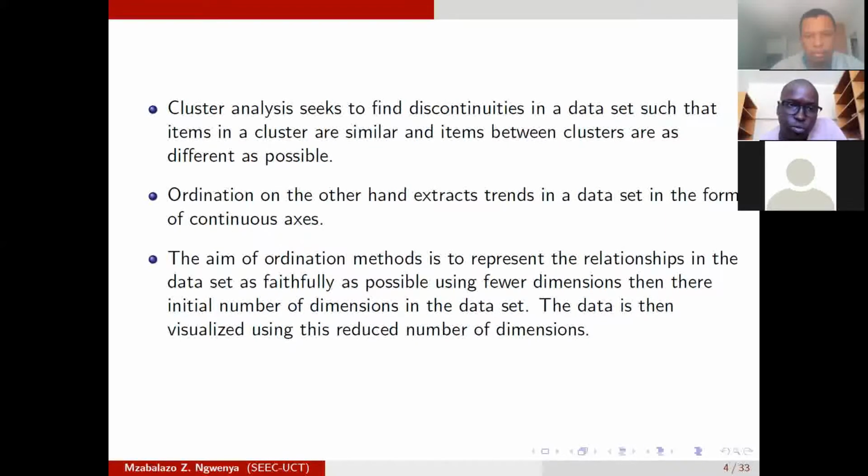So what we are seeking to do with ordination is basically to reduce the dimensions of our dataset so we can better inspect the patterns. We usually try to reduce our dimensions to 2 dimensions and sometimes 3, but hardly ever more.